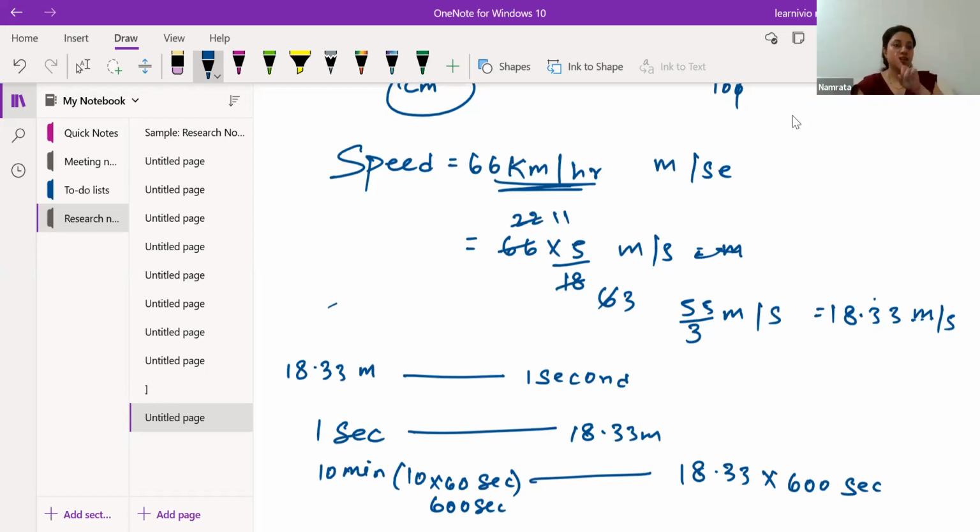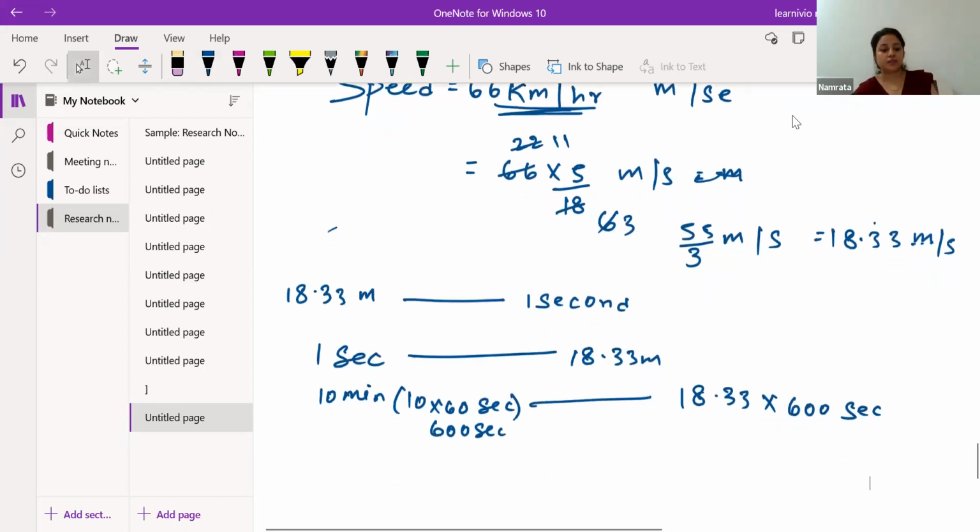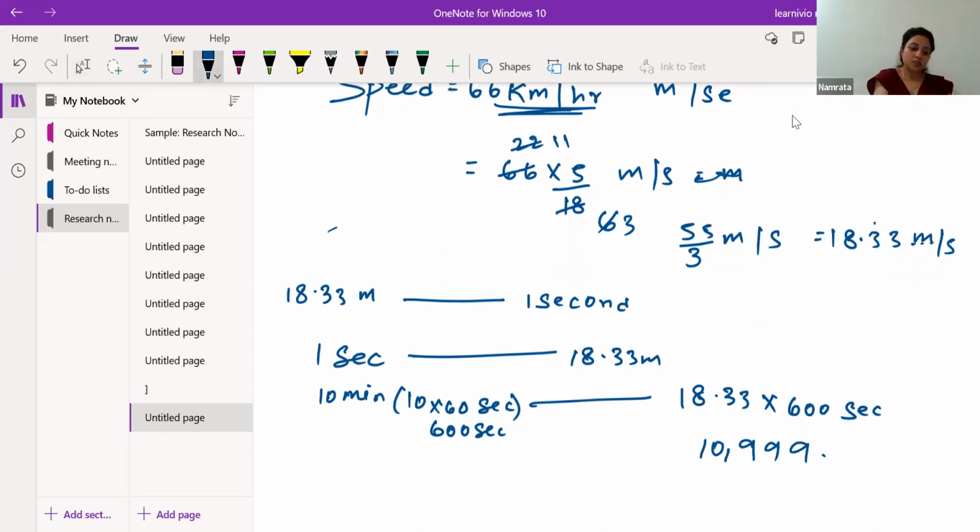If the speed is this many meter per second, then it says that much meter in 1 second. Again the previous concept: if 1 pen costs this much, then 600 pens cost what? So simply we will do the multiplication. It will be a huge number, you have to do the calculation by yourself.